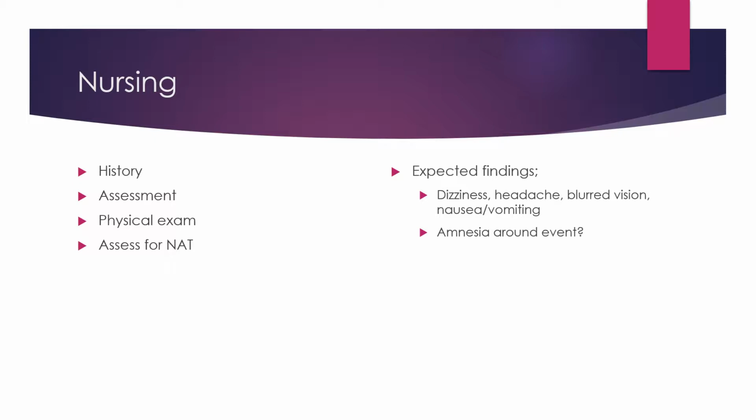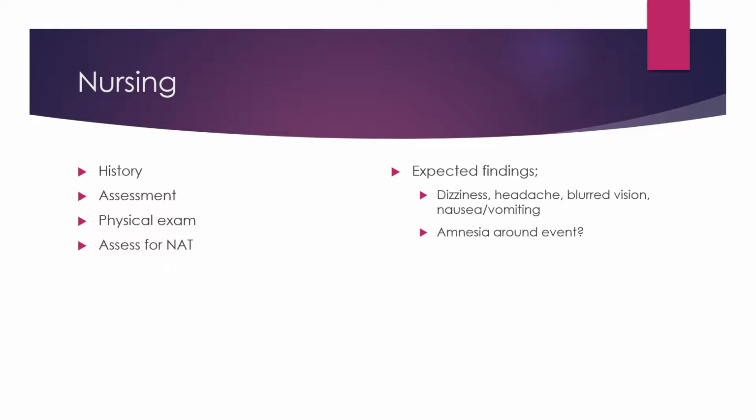Most important, when a child presents to your ED or urgent care or wherever you're working with complaints of a head trauma, you want to take a good, thorough history and find out the circumstances of the event or accident: how it happened, where it happened, and any signs or symptoms, like did they black out or were things kind of fuzzy around the event.